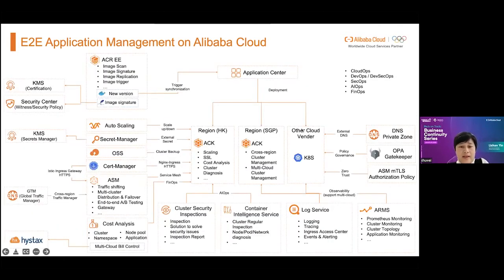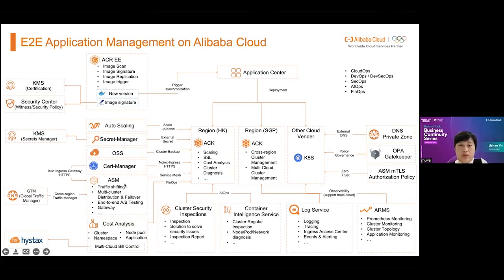This is the architecture of all those features around containers. Like I mentioned, the application runs on ACK, and we leverage each of those features to achieve the five layers of ops. Next I will show you each of them.